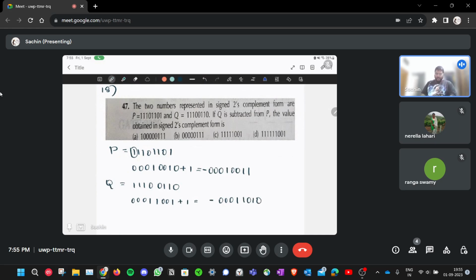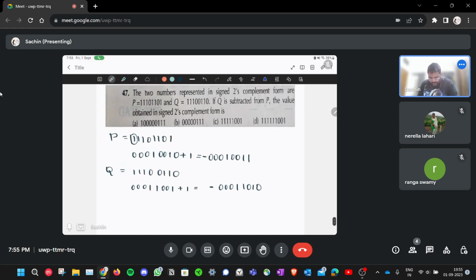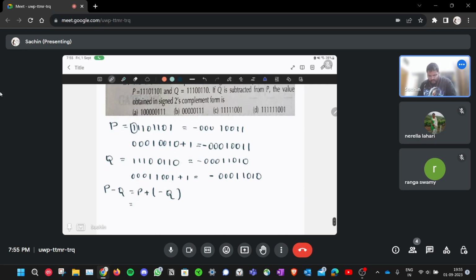So it's a negative number, and q is subtracted from p, so this number is subtracted from p. So p minus q can be taken as p plus minus of q.